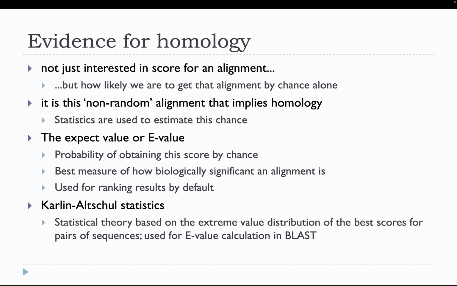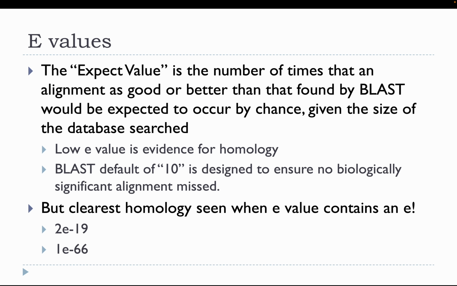And what these programs, like BLAST, do is go through and calculate the E values for all those matches, and then they rank order them and present you with the most significant E values. And it's one of those things that the lower the E value, the more significant it is. A low E value is evidence of homology. So BLAST as a default uses an E value of 10.